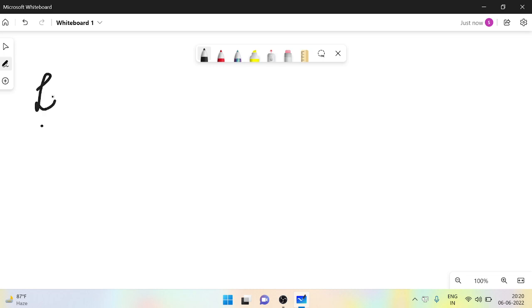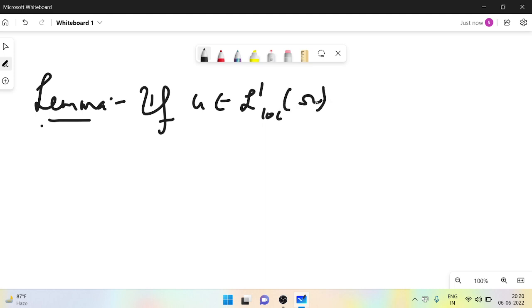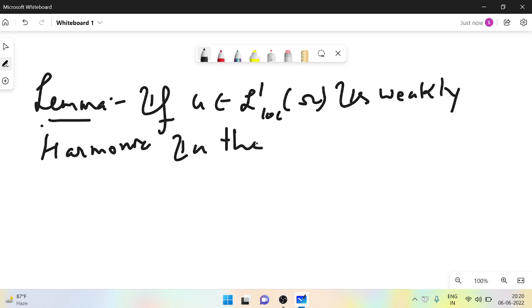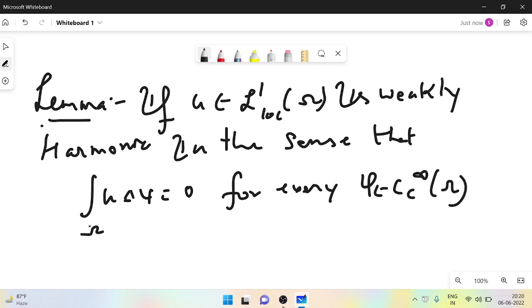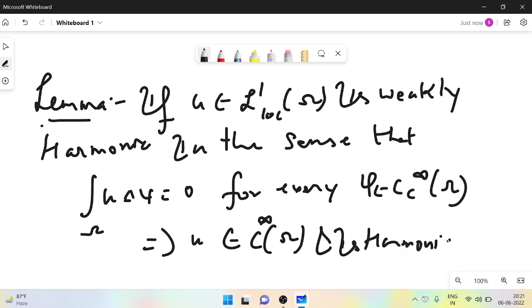I'll just state a lemma. If u belongs to L1 loc of omega and is weakly harmonic, in the sense that the integral over omega of u del phi equals 0 for every phi belonging to C c infinity, then u belongs to C infinity of omega and is harmonic in omega.